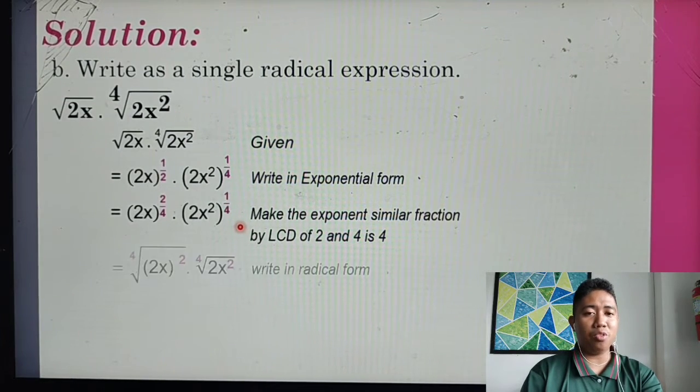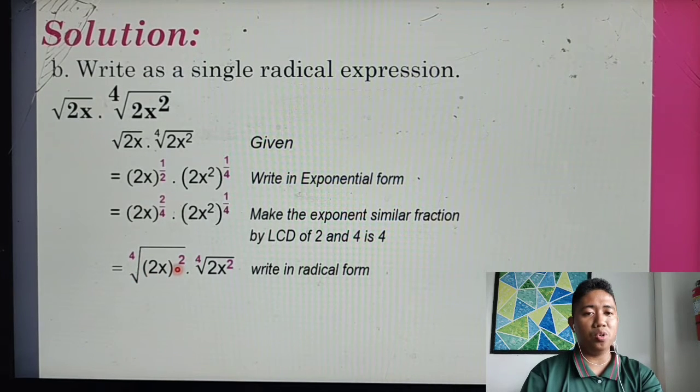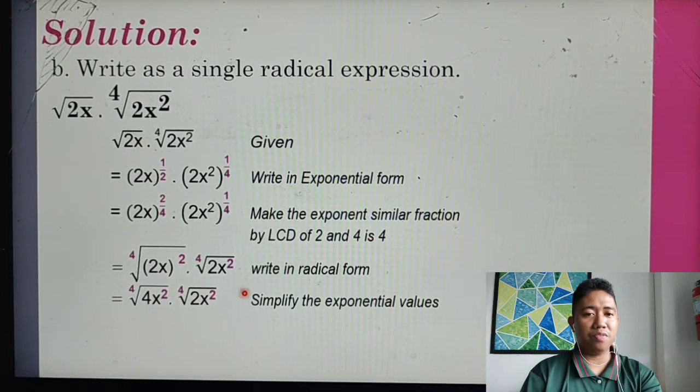The next step is to go back to radical form, which is the fourth root of 2x raised to the power of 2 multiplied by the fourth root of 2x squared. So simplify the exponential values.